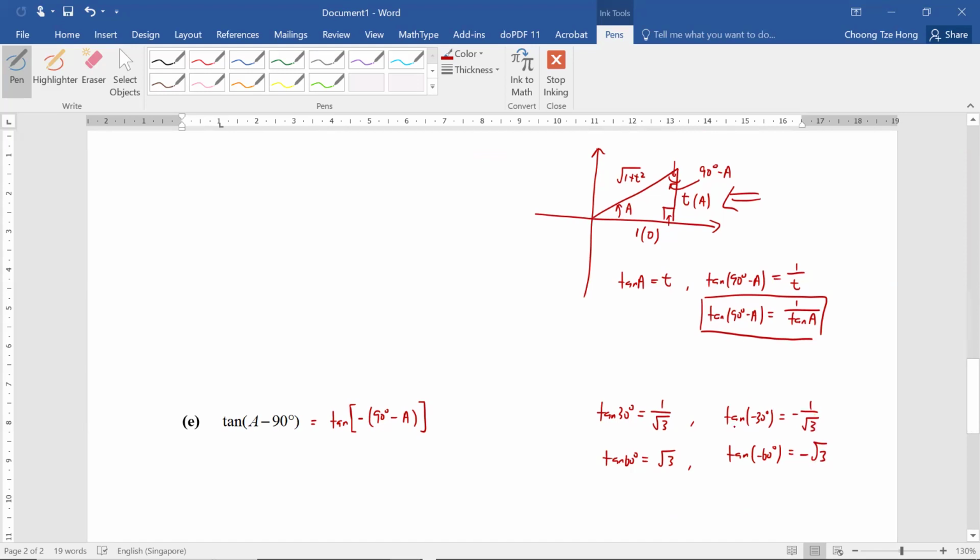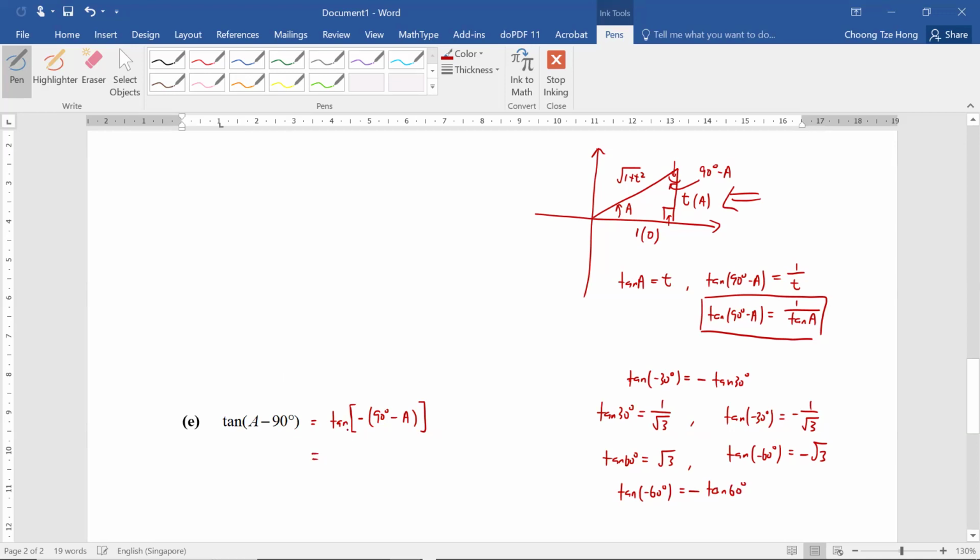So what is the relationship that we can observe over here? From the first one, we can observe that tangent negative 30 will be negative of tangent 30, because tangent negative 30 is negative 1 over root 3, and 1 over root 3 is equal to tangent 30. Then from the second one, you can observe that tangent negative 60 is equal to negative tangent 60.